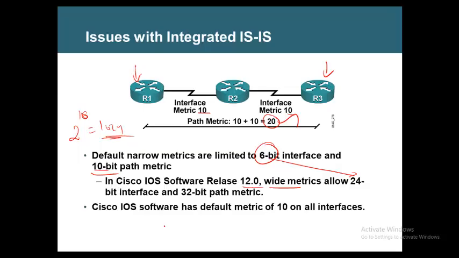As soon as you put it, automatically the 6 will become 24, this 10 will become 32. You don't need to mention 32 and 24. As I said earlier, the default metric in decimal value on all interfaces is 10. Do you have any question up to here?